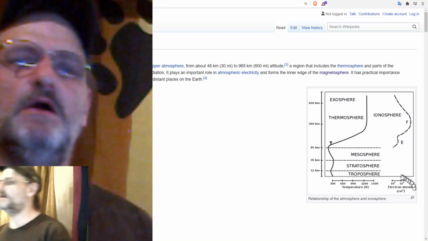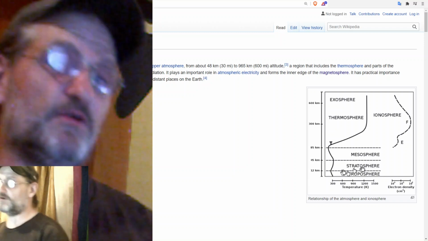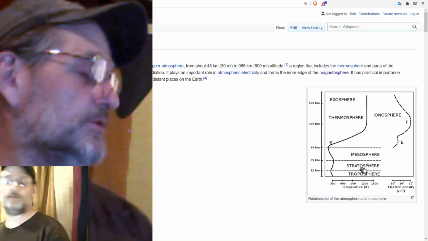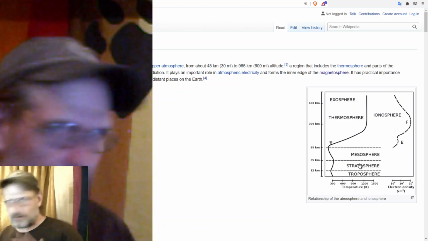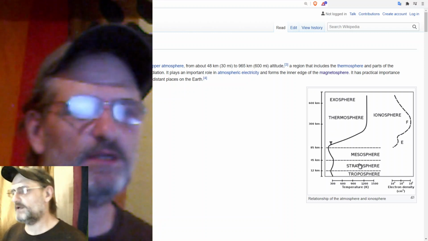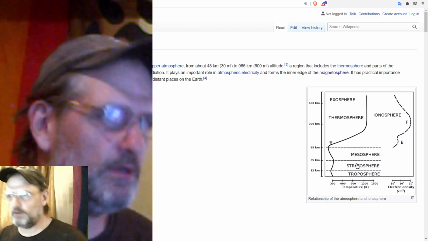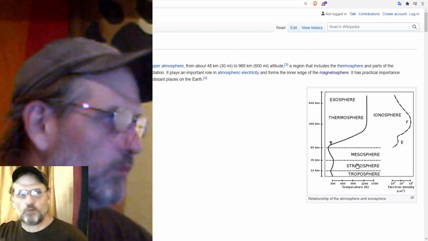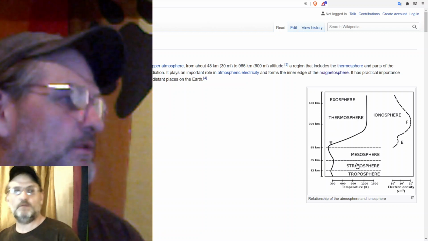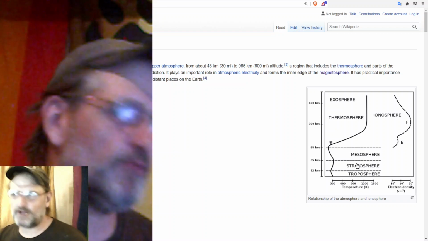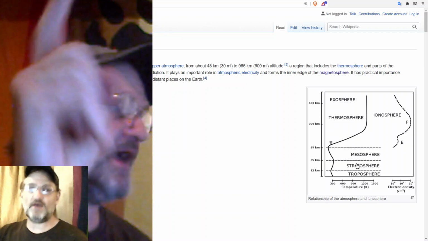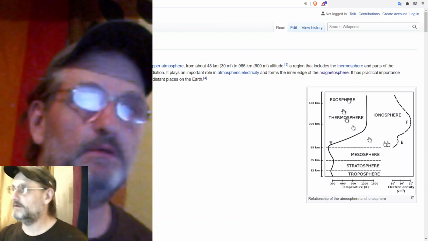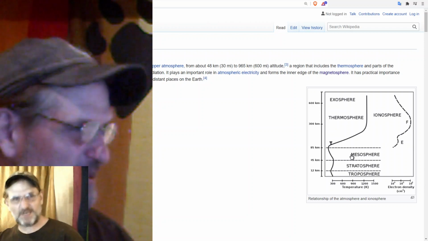I'm going to do a course on the atmosphere more in depth, but I wanted to show people here, while we're talking about it, I keep consistently saying, what is the effect on the ionosphere? And that right there, this is your drum head.